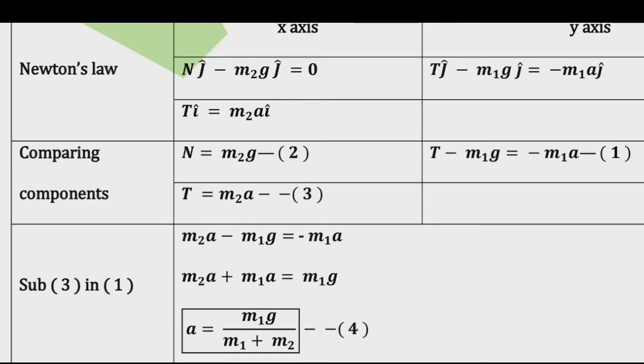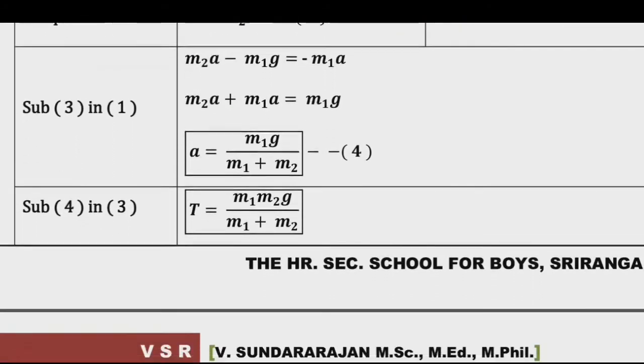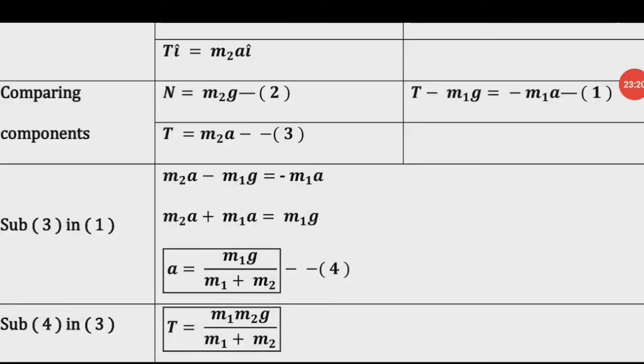Now we get the acceleration value a is equal to M1g by (M1 plus M2). This is equation 4. Substitute equation 4 in 3. Now we get the value of T. T is equal to M1 M2 g by (M1 plus M2).